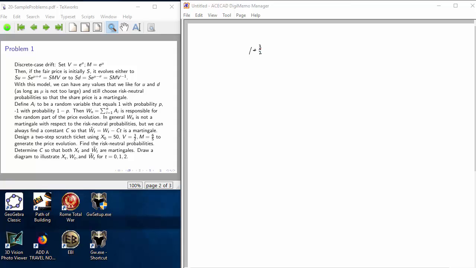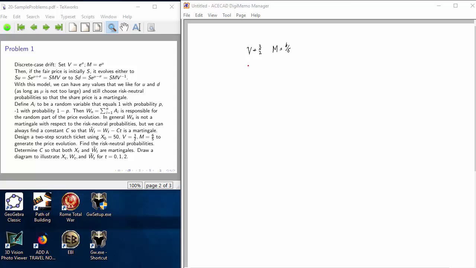And then, in order to make the process a martingale, it's going to be multiplied by a factor m, which I'm going to take to be 6/5.